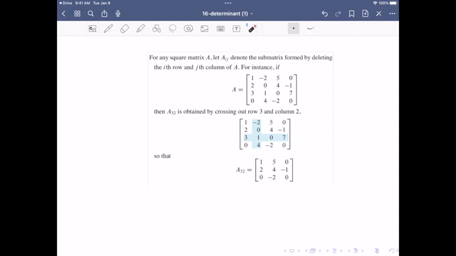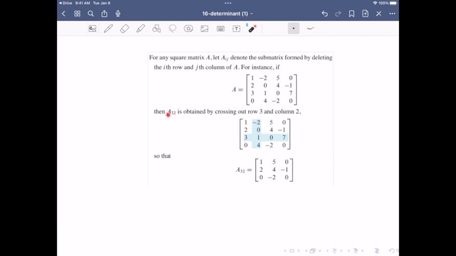For any square matrix A, let Aij denote the submatrix, which is a smaller matrix, formed by deleting the ith row and jth column of A. So for instance, there's a 4 by 4 square matrix. Now, what is A sub 32? It's a submatrix. It's not a number.